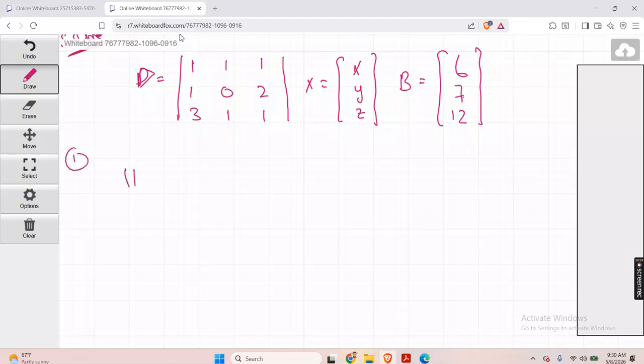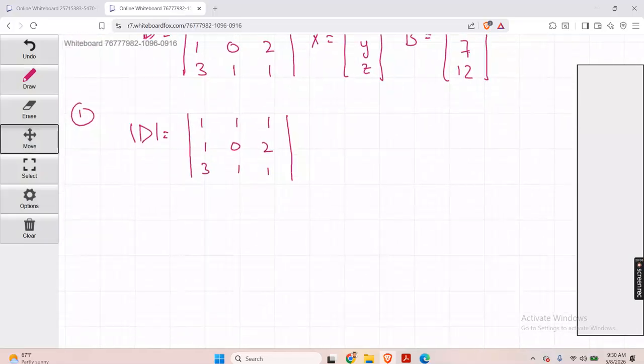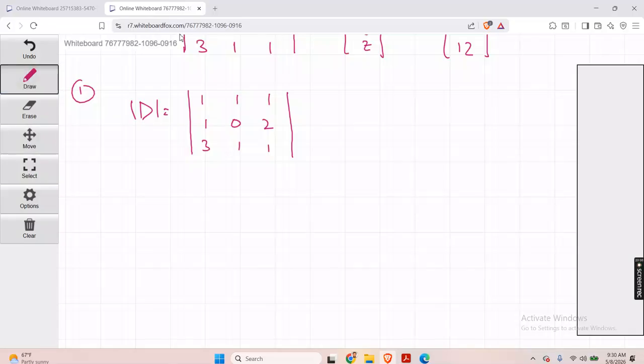Step 1, determinant: 1 1 1, 1 0 2, 3 1 1. So 1 will come outside, first row, first column, so we have 0 2, 1 1.